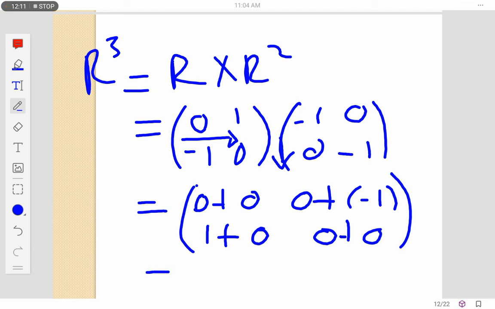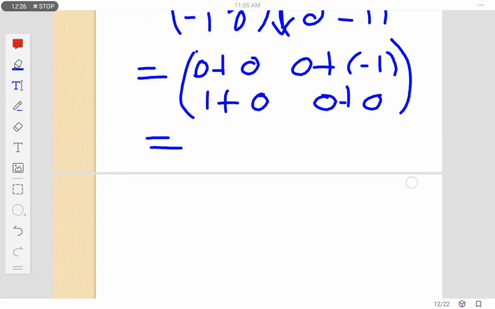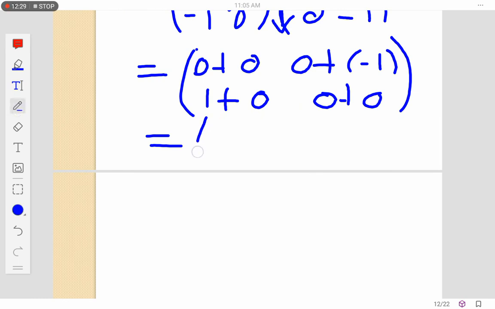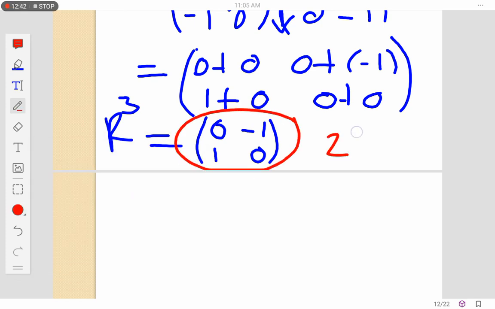So we can simplify this, and at the end of the day, let me write what we have on the bottom there. Okay, we will have 0, 1, minus 1, and 0 there. So this is the rotation matrix when we are rotating through 270 degrees.